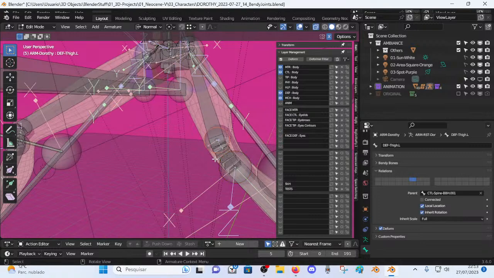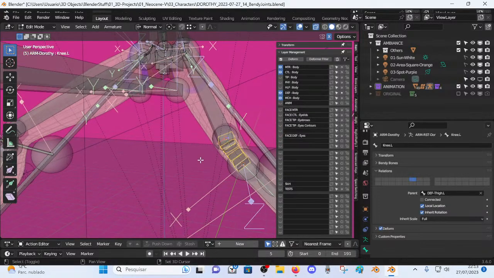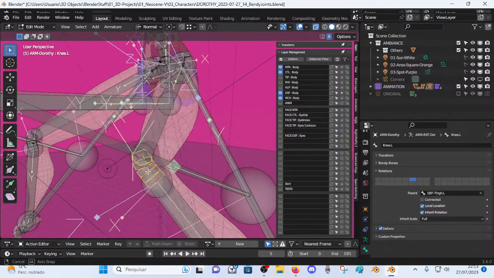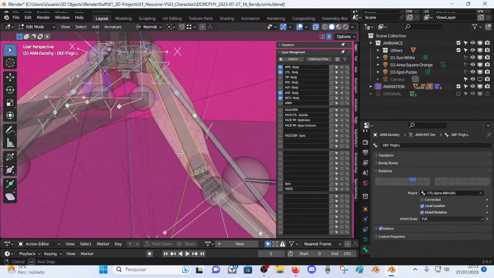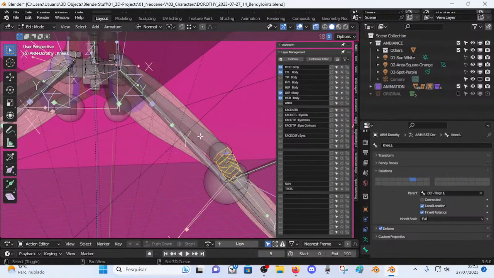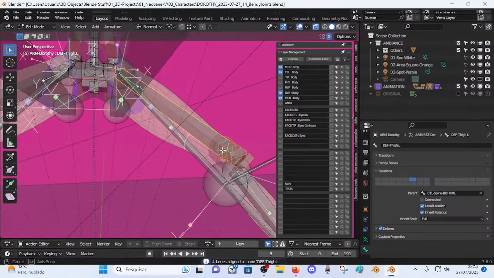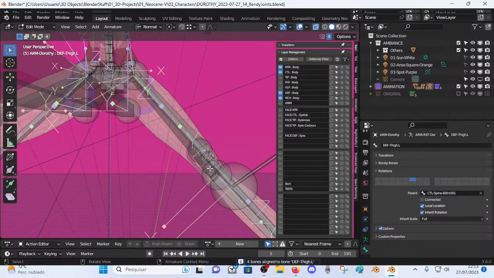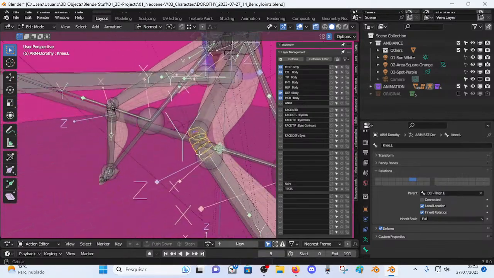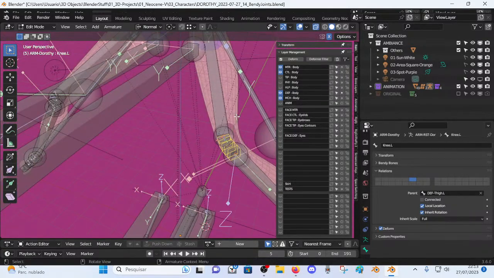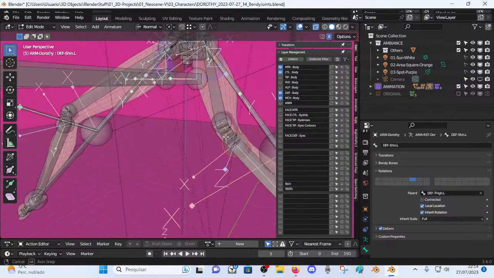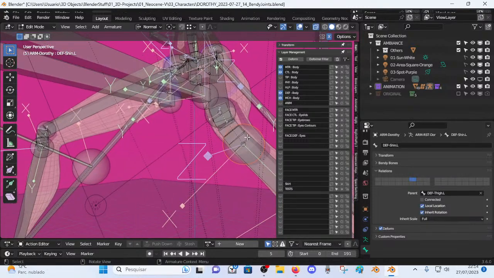So basically what this bone is doing, it is aligned, I don't even remember, probably to this, and yeah, it's aligned. It's bone roll, right, aligned with that one, and then it has some adaptation there.